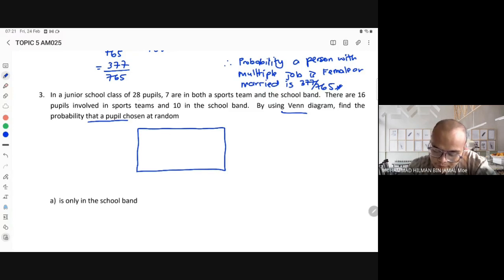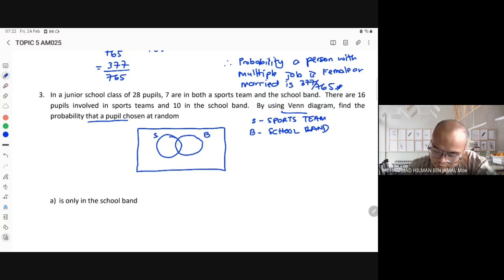So basically ada 28 orang tapi 7 ni adalah dalam sport team and dalam school band. So katalah S adalah sports team, and then B adalah school band.